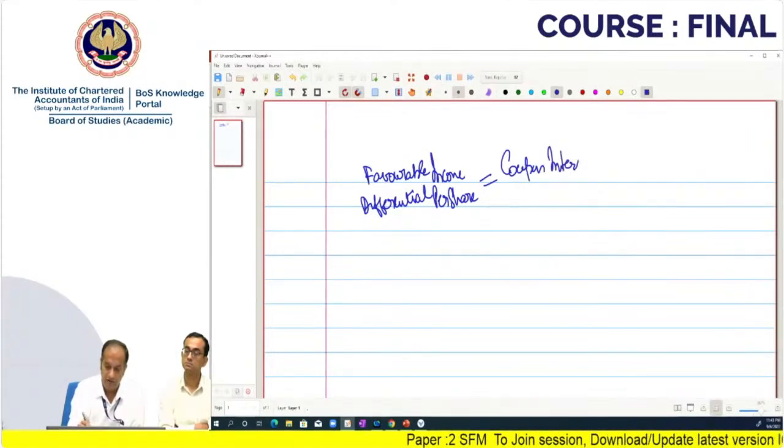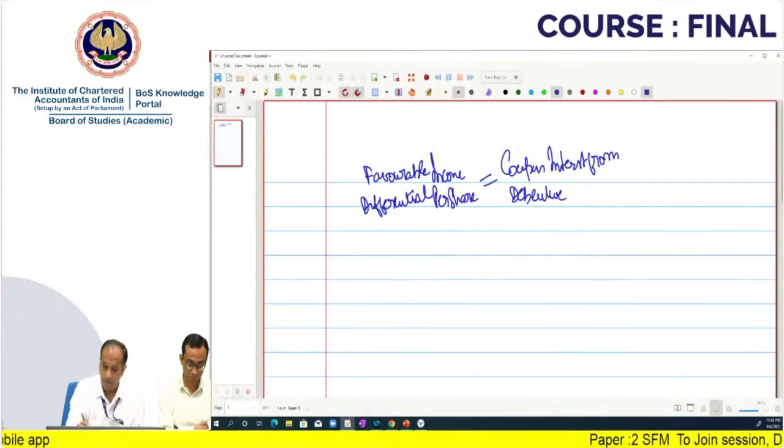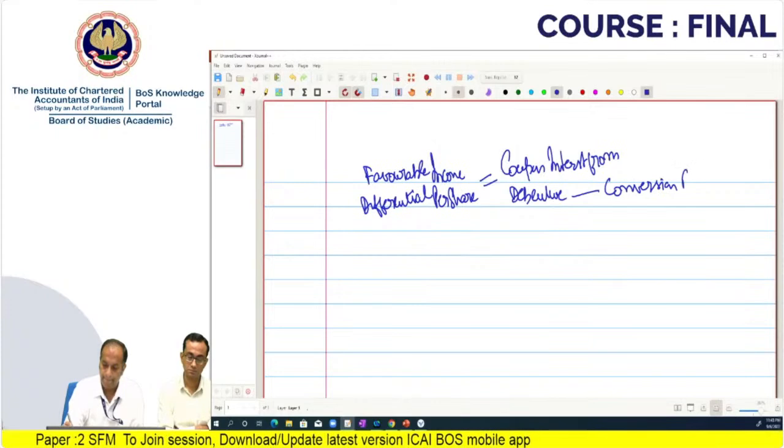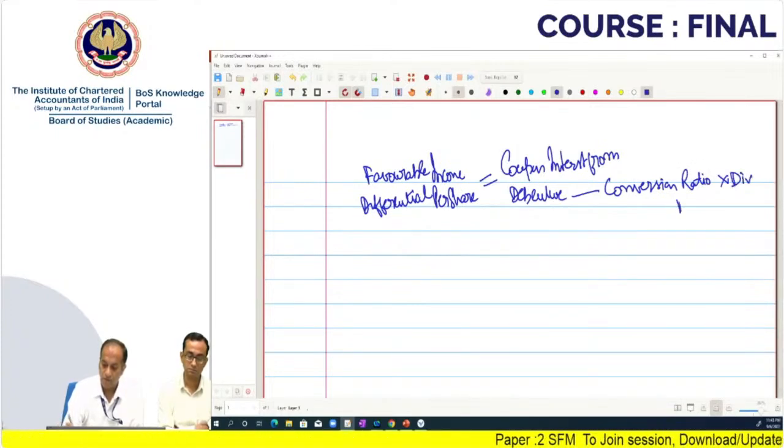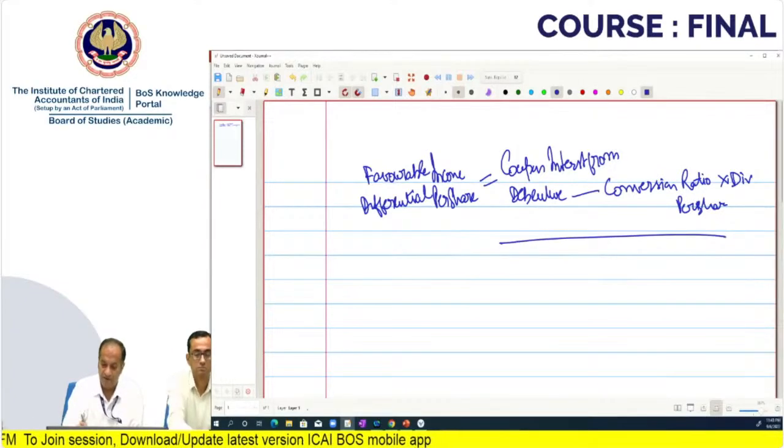Coupon interest from debenture minus conversion ratio into dividend per share, upon my conversion ratio.